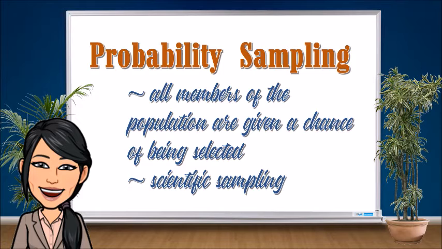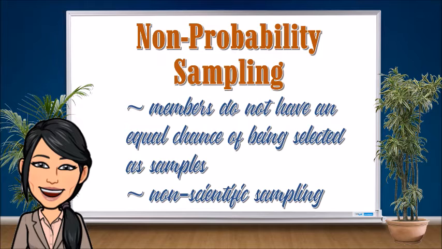This is also called scientific sampling. While in non-probability sampling, members do not have an equal chance of being selected as samples. There are cases in which a sample is given priority instead of other members. This is also called non-scientific sampling.